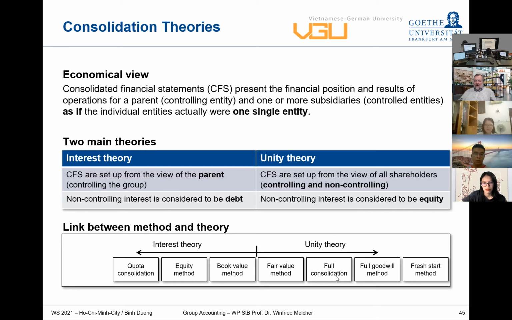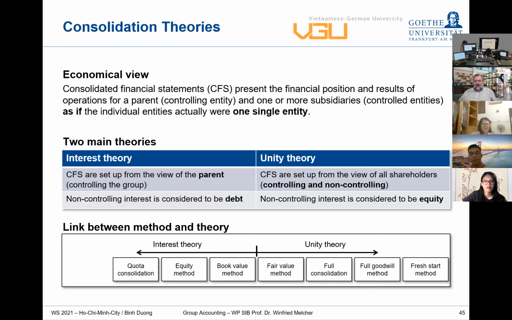Same thing for the full consolidation. In contrast to the quota consolidation, if you consolidate everything with the group that has the majority, then you would also consolidate those assets and liabilities, or the part of those assets and liabilities that the group is not holding.